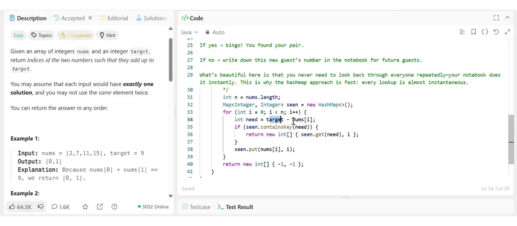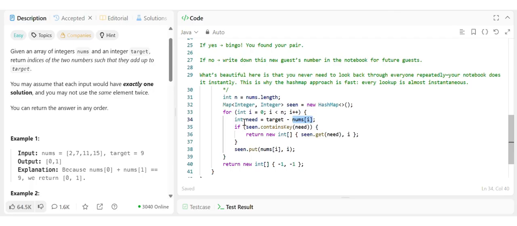We create a new number, need, which is whatever the target was minus whatever is the current number that the current guest is representing.